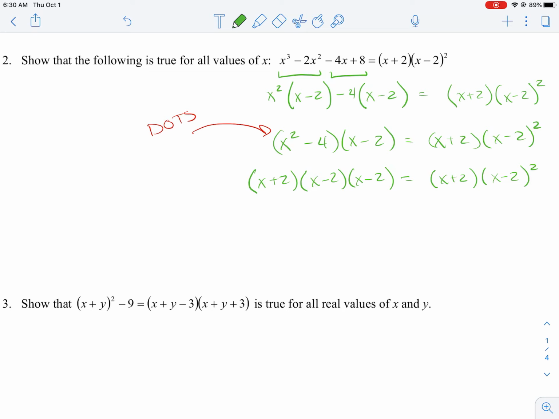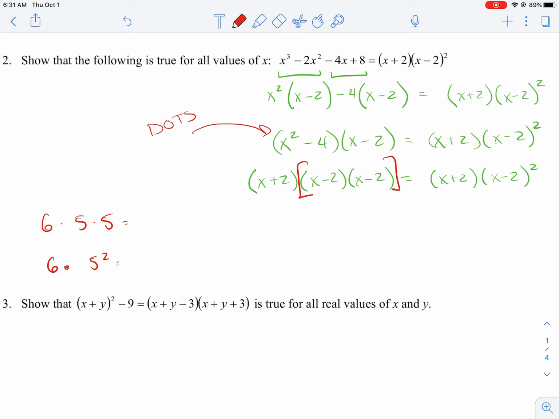And finally, we have x minus 2 times x minus 2 twice. If I had 6 times 5, it would still be the same as 6 times 5 squared. We can all agree with that, hopefully.